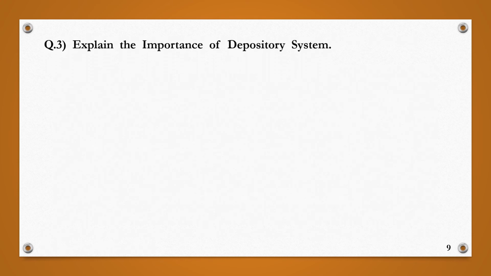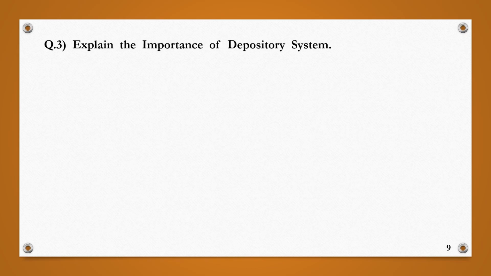Let us now move towards the third question, wherein we are going to understand the importance of depository system. The depository system of holding securities in electronic form has a very important role to play in the successful functioning of the capital market. In today's time, where we find technological advancement, even the securities are held in electronic form, and so we need to understand why this depository system is important.